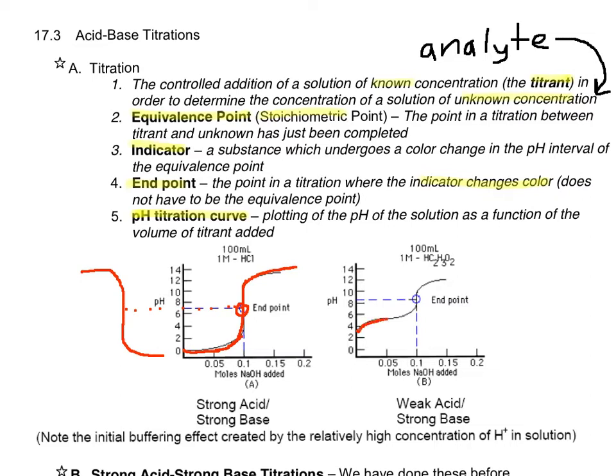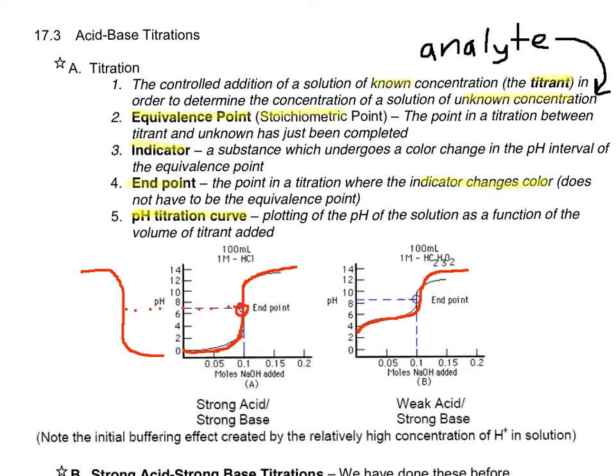It's still going to level off for a while as you add strong base, but at some point it's going to jump up because you're going to add enough strong base to cancel out that weak acid, and it's going to level off at a nice high point. I think it should be a little bit higher than it shows in this graph, maybe around 13 or 14.